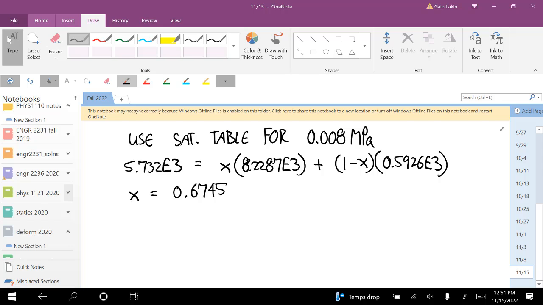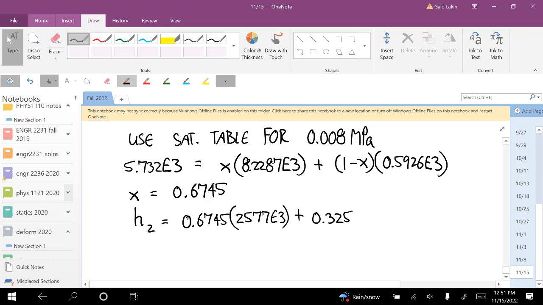And now that we know the quality, we can calculate the specific enthalpy. That's equal to 0.6745 times the specific enthalpy at saturation for a vapor at that pressure, 2577 times 10 to the third, plus 1 minus that, which is 0.3255, times the specific enthalpy for a saturated liquid at that pressure, which is 173.88 times 10 to the third.